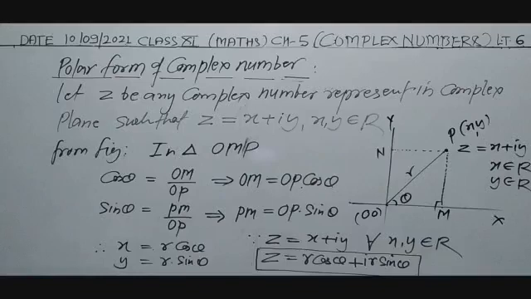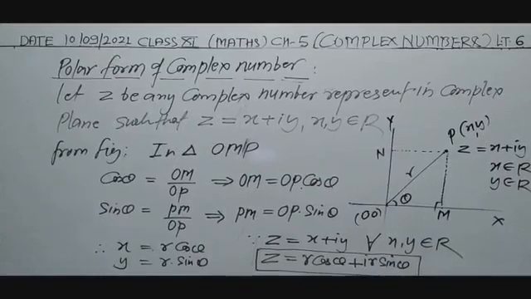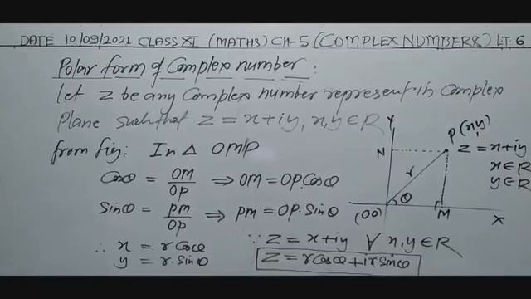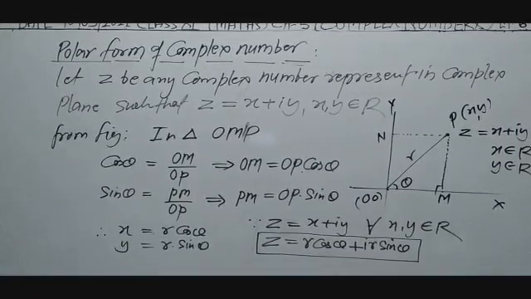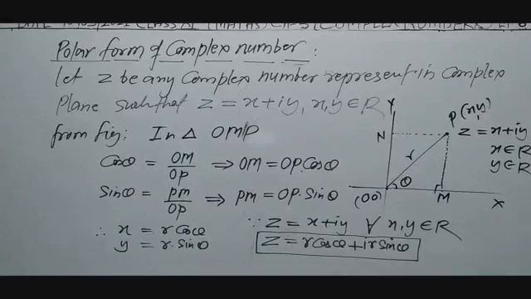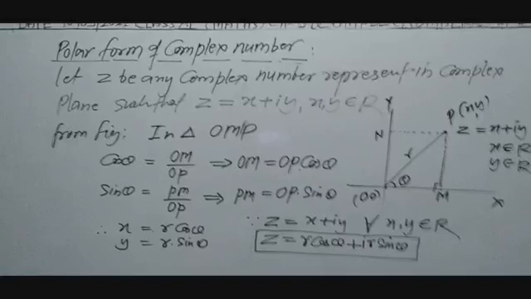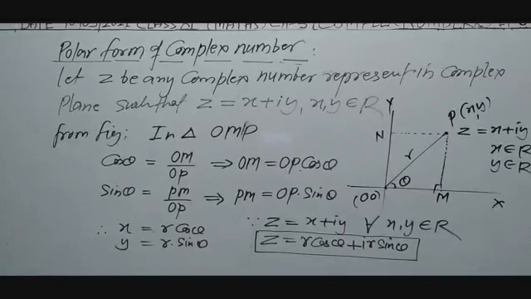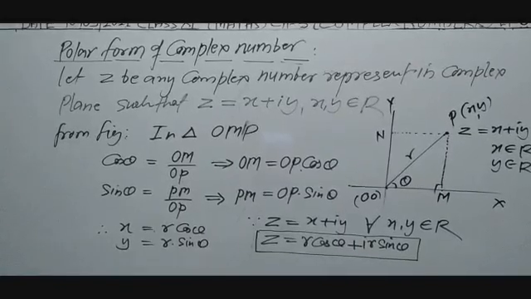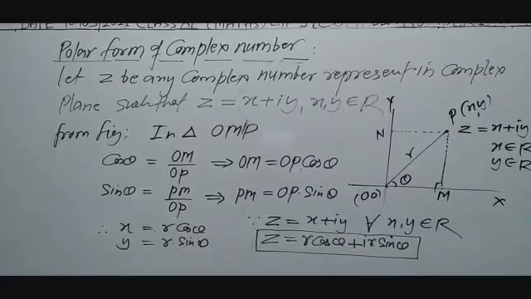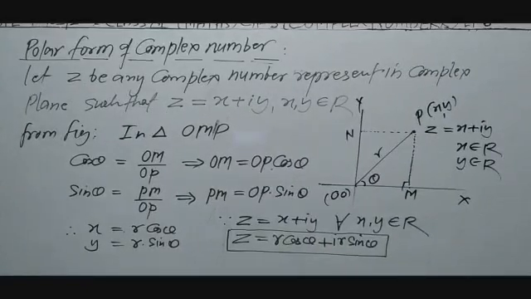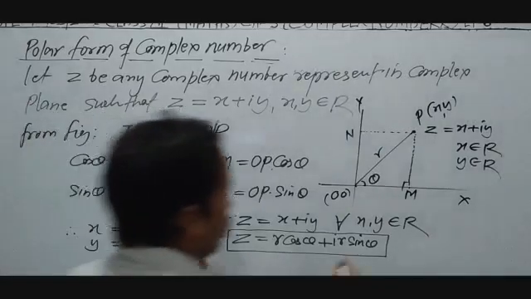So the complex number in polar form, we can write, where r is mod of z, is r cos theta plus i r sin theta.